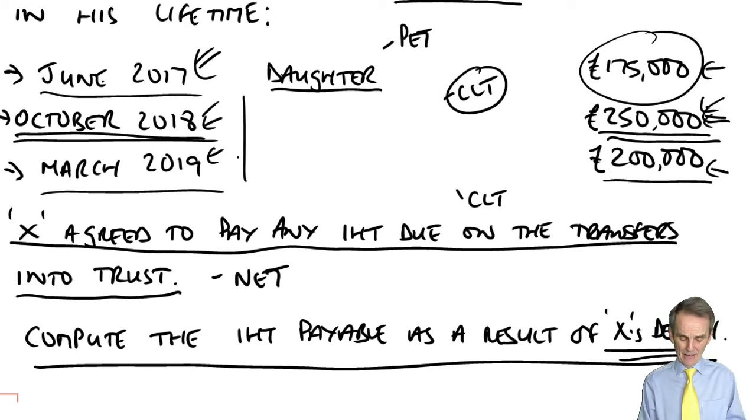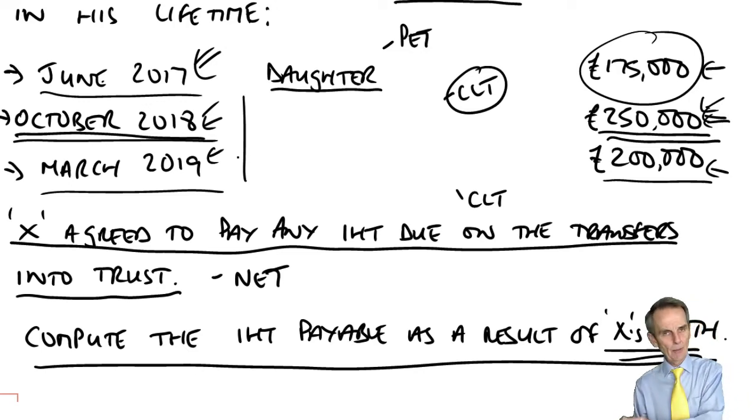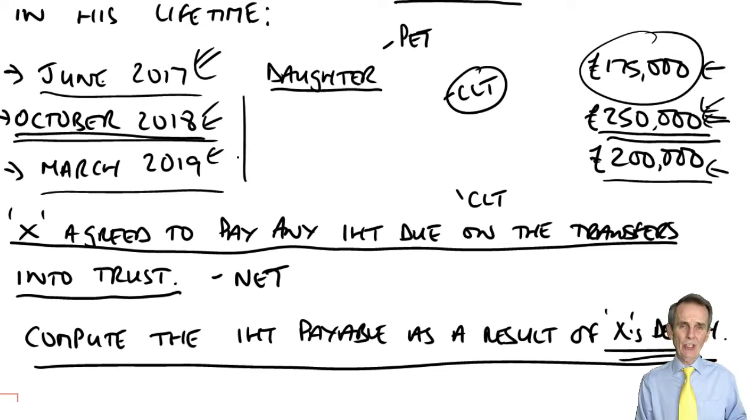Remember, on death, we are talking about this is in lifetime, so we're talking about what was the nil rate band at the time. On death, it's about the nil rate band at the date of death. As we have said, ever since 09-10, it's £325,000, so it's going to be one and the same figure.